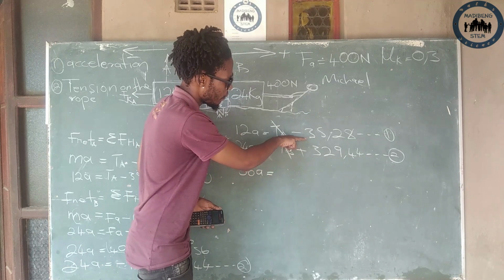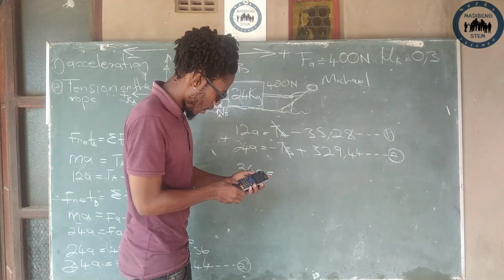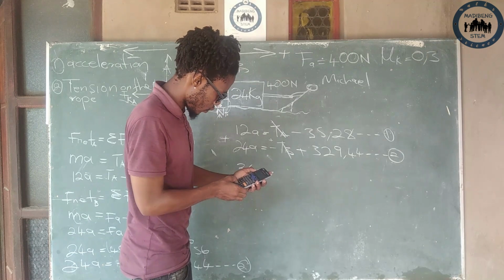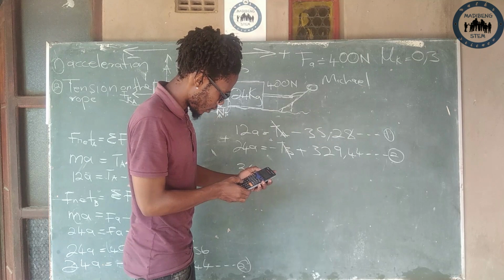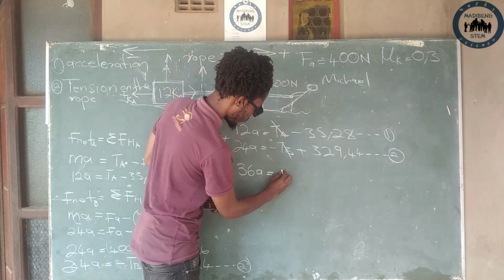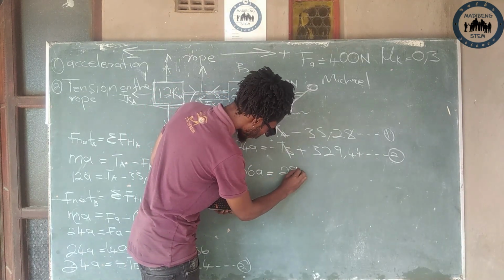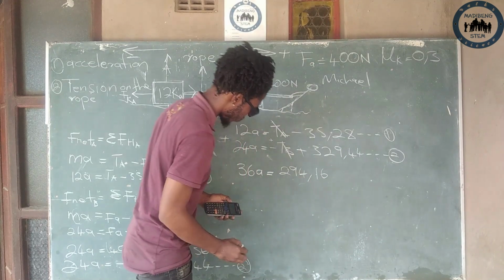So what is minus 35.28 plus 329.44? It gives us 294.16.